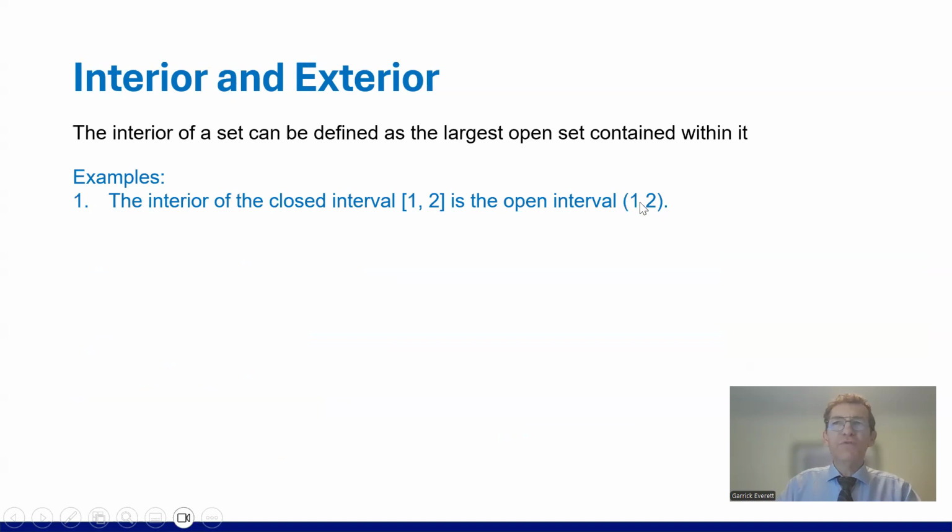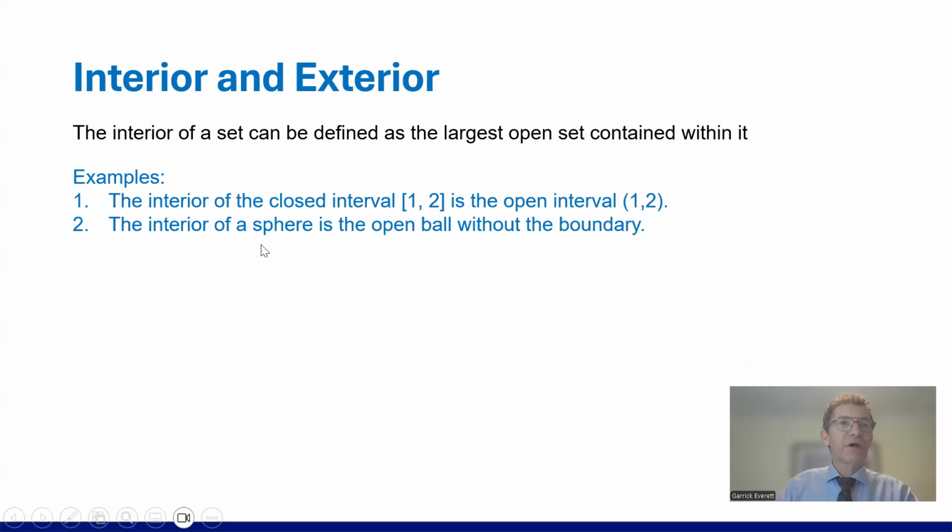So the open interval (1, 2) is included inside this closed interval, and it's regarded as the interior because it includes everything except for these two endpoints. The interior of a sphere is the open ball without the boundary. The interior of a square does not include the boundary. Okay, so they're just examples of the interior of a set, the largest open set contained within it.